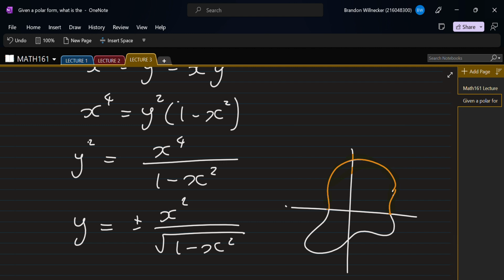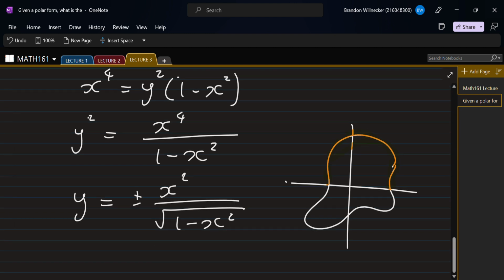Okay, so there's two parts. You can't have a single y equals something that handles both. So y by itself can't give you a positive and a negative answer. We need two parts. So y equals plus something, that will be the top part. Y equals minus something, that will be the bottom part. Okay, so you'll see that occasionally. You'll have a top part and a bottom part to it.